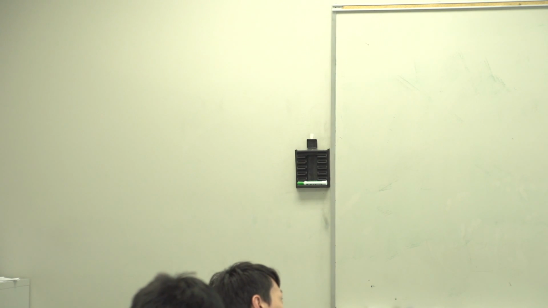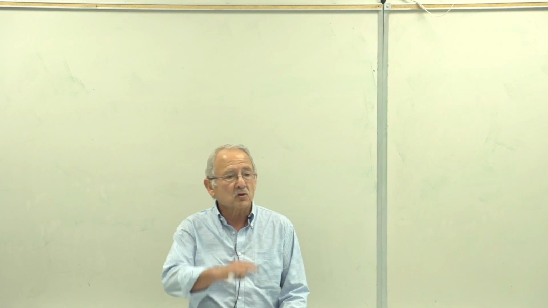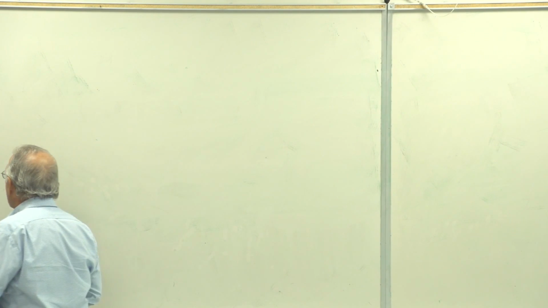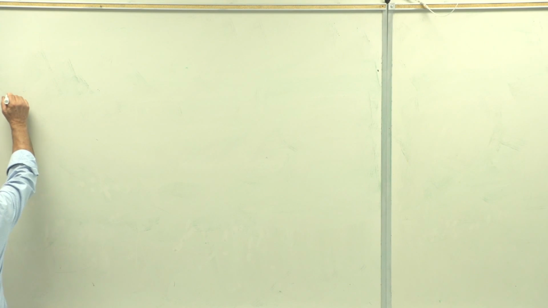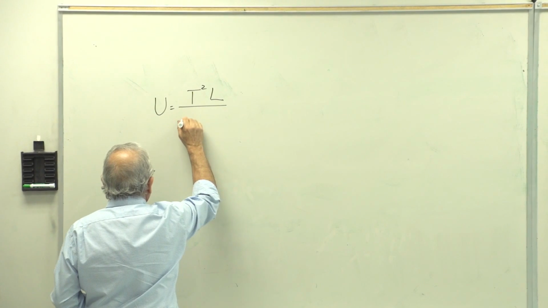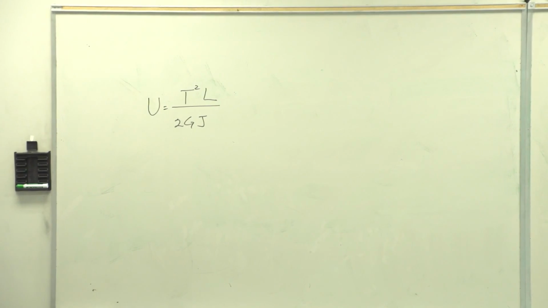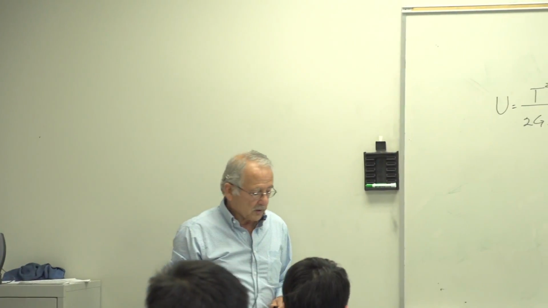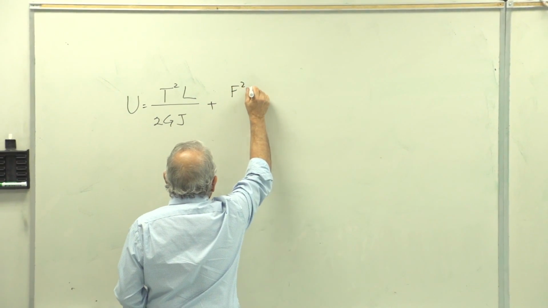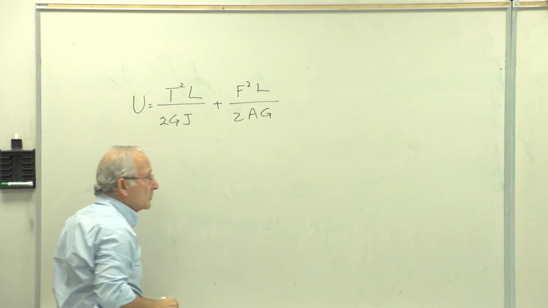Under an applied force F, both of those are constant. They don't change unless you change the force F. But if the force F doesn't change, neither of those two will change. So the strain energy for a constant torque, if you recall from Castigliano's equation at the beginning of the quarter, is T squared L over 2 GJ, and that from a direct shear force is F squared L over 2 AG.